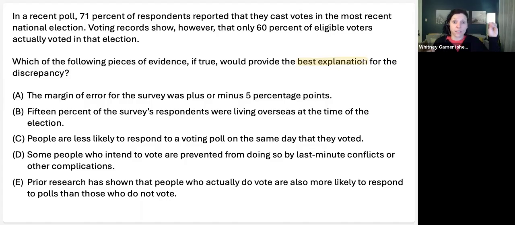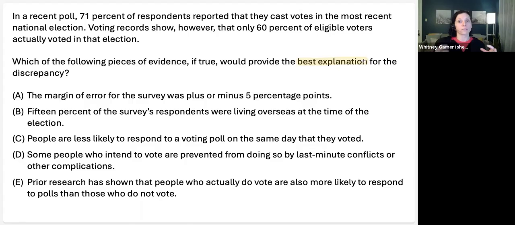So unless this recent poll was taken of 100% of people who were eligible voters, then another reason could be that there's some sort of polling issue. Like maybe the group of people we polled isn't the same as the entire population of eligible voters. Maybe it's a smaller subset, and in some way they behave differently.